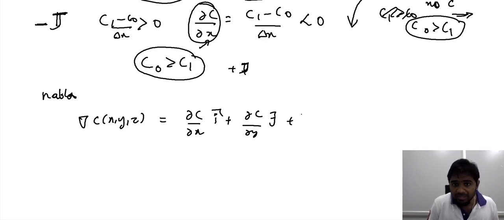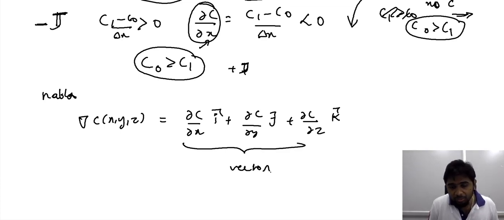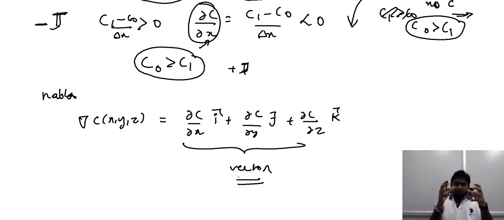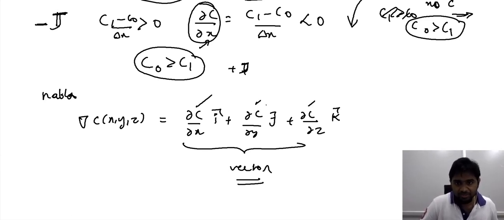When you consider the gradient of a function, what you end up having is a vector. So a gradient of a function will give you a vector. We are able to understand the magnitude of this vector: the partial derivative with respect to x, with respect to y, and with respect to z. These individual components all contribute to the magnitude of the vector.